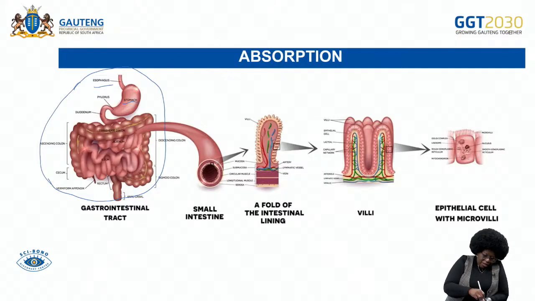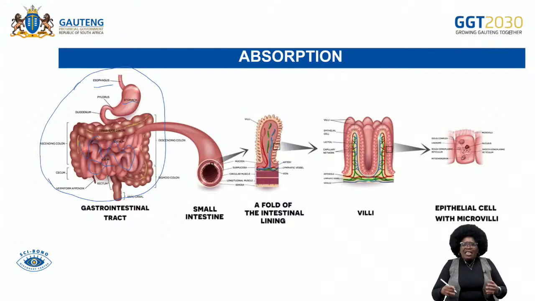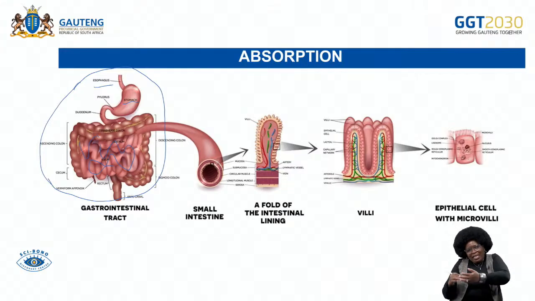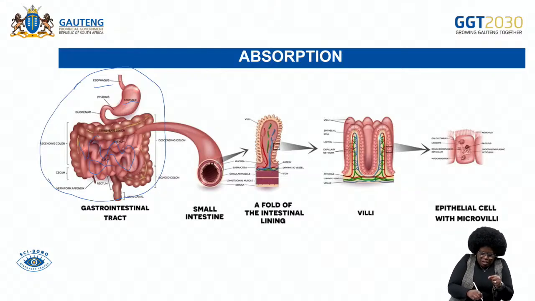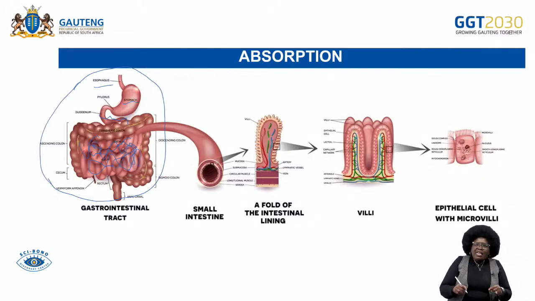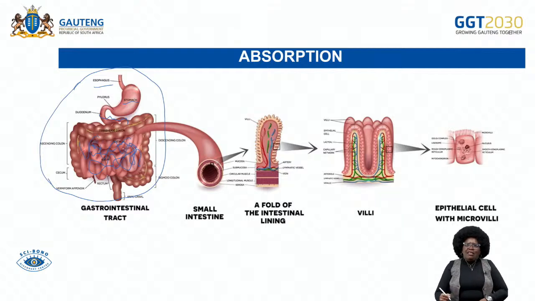You'll see, there are so many, like they are nicely pegged. Nature is amazing. Like somebody pegged them in a specific sequence. And imagine the food moving beautifully from the duodenum to the jejunum and moving and moving until we reach the ileum of the small intestines.